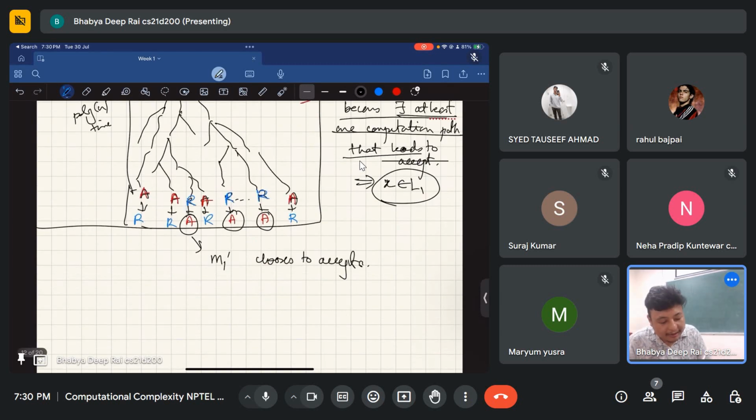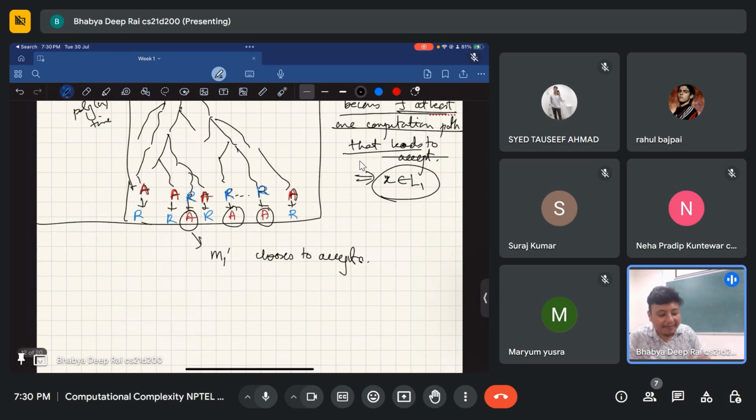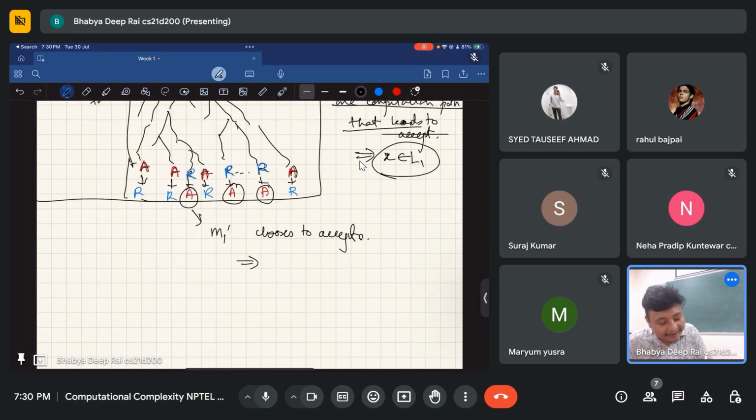What does it mean if M1 prime is supposed to decide L1 bar? If M1 prime chooses to accept, it means X belongs to L1 bar because it has accepted and M1 prime is supposed to decide L1 bar. Now, if X is in L1 bar, it means X does not belong to L1.